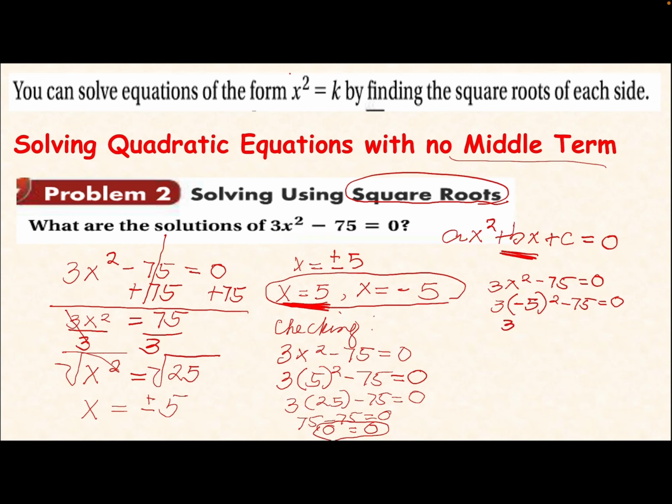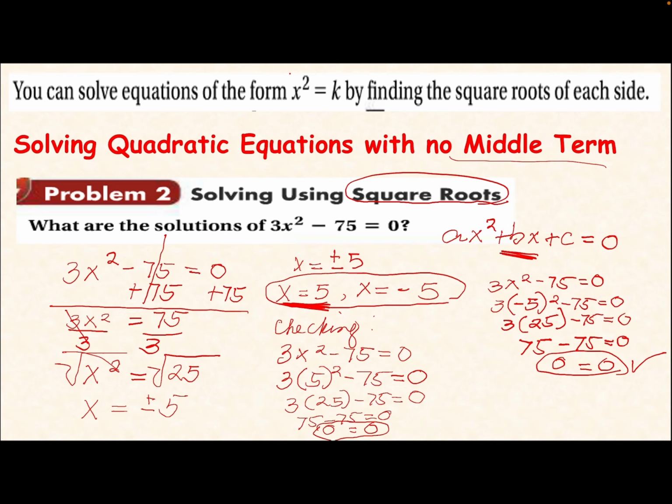Negative 5 times negative 5 is 25, and 3 times 25 is 75, minus 75 is equal to 0. 75 minus 75 is 0, equal to 0. This statement is true. Therefore, 5 and negative 5 are the solutions of the given equation.